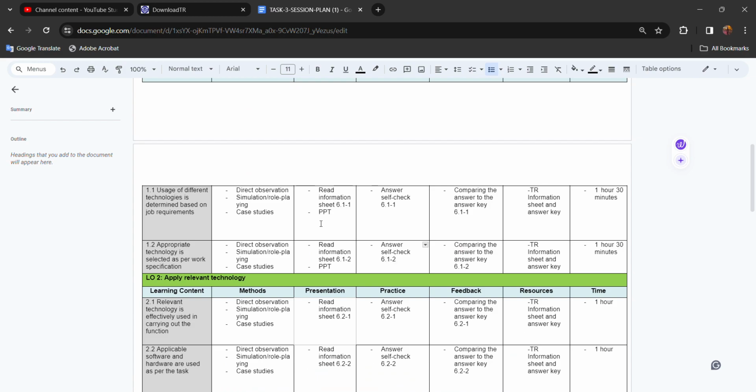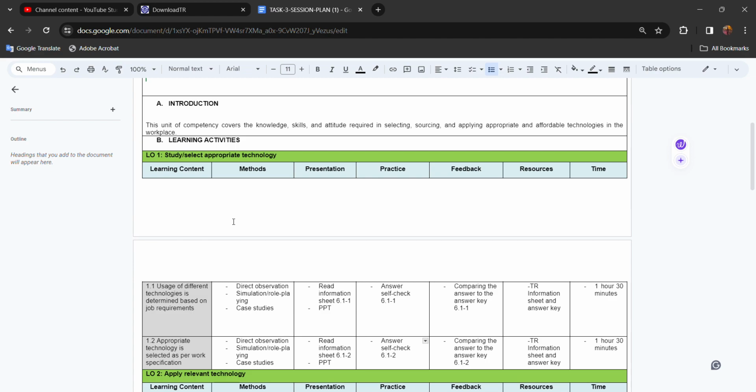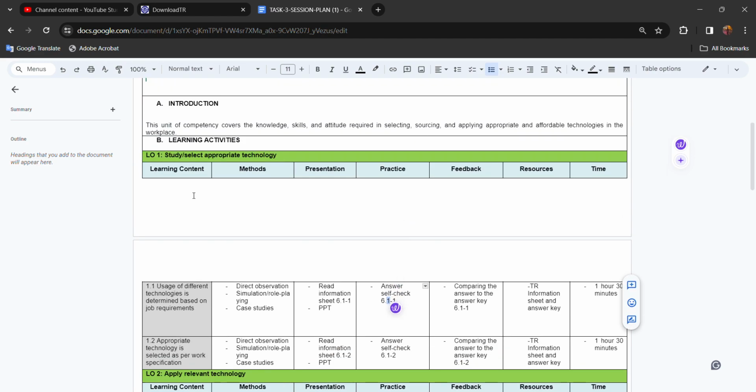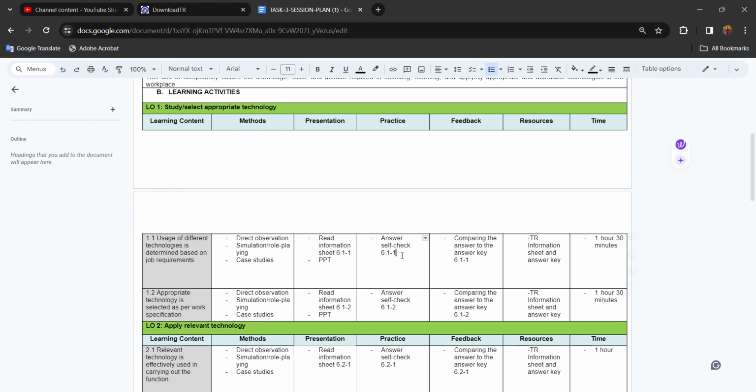The second digit was the learning outcome, which is learning outcome number 1, so I put 1 over here. And the last digit is the learning content. So remember, the first digit was the unit of competency, the second digit the learning outcome, and the third digit was the learning content. So let's move on to the feedback.